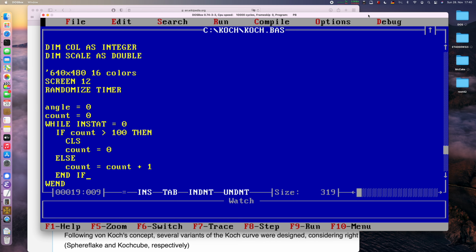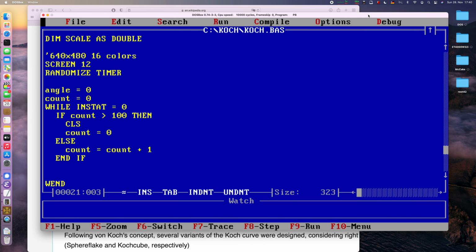What we need to implement? Well, we will have a function that I will call Koch, and it will need a few parameters. The first parameter will be how many pixels every leg of the curve will be, and I say 5 pixels so that it doesn't get too big.